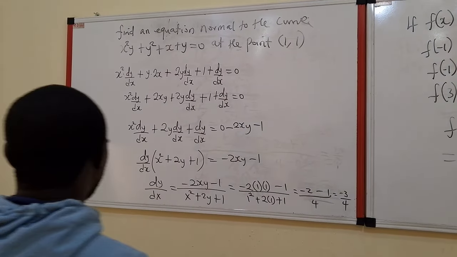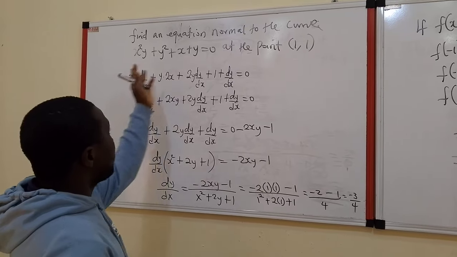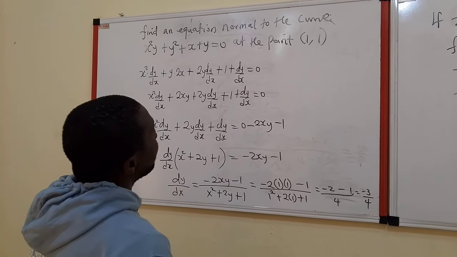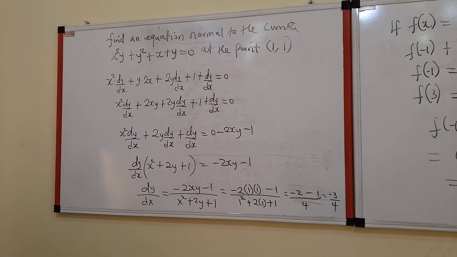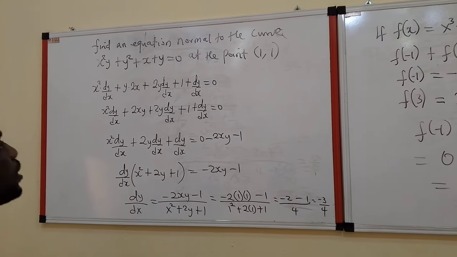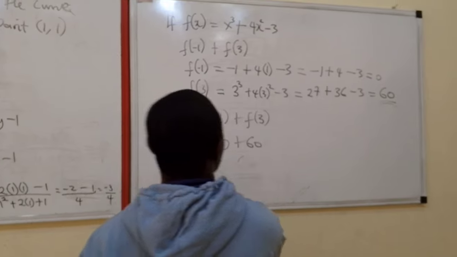Now, the question says find an equation normal to the curve x squared y plus y squared plus x plus y equals 0 at the point. For an equation to be normal to the curve, there is a relationship: the product of their gradients must be equal to minus 1.